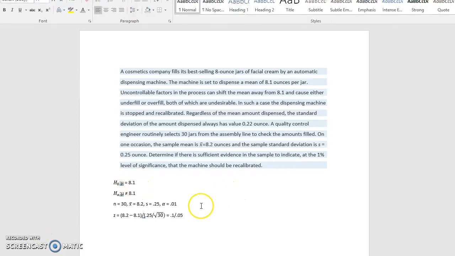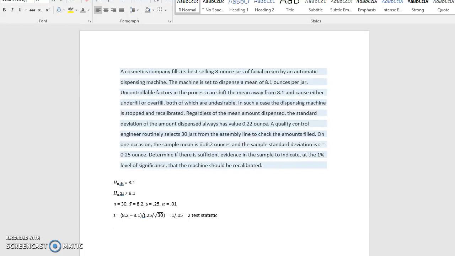All right, so now if we divide 0.25 by the square root of 30, we get 0.05. And if we do our final calculation of 0.1 divided by 0.05, that gives us a test statistic of 2.